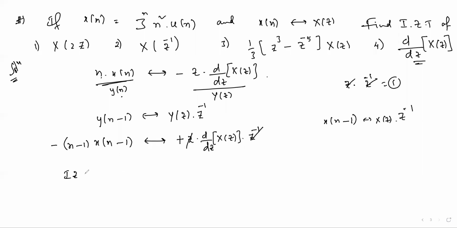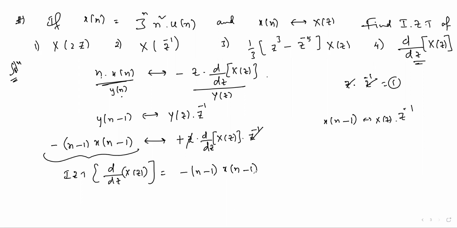So the inverse z transform of d by dz of X of z is minus (n minus 1) x of n minus 1, which is minus of (n minus 1) times 3^(n-1) whole square u of n minus 1. This is the corresponding inverse Z transform.